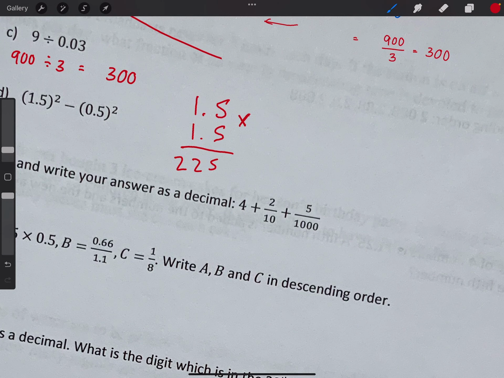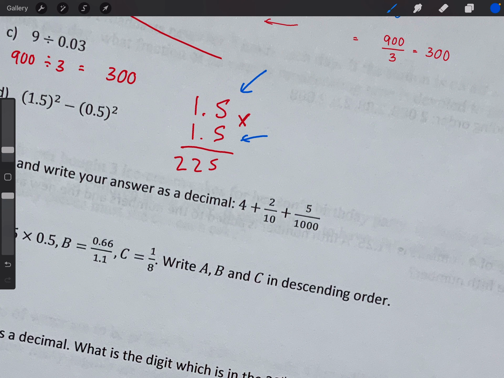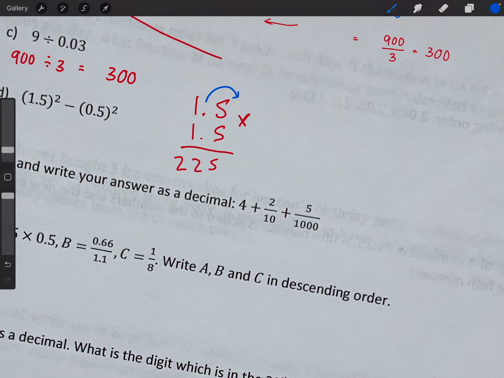So two ways to figure out where the decimal is going to be. First thing you can do is you can say, I want to turn these into whole numbers. I want to be 15 times 15. So to do that, we must move the decimal place from here over to the right 1 time, and this one also 1 time as well. So we've made 2 moves to the right.